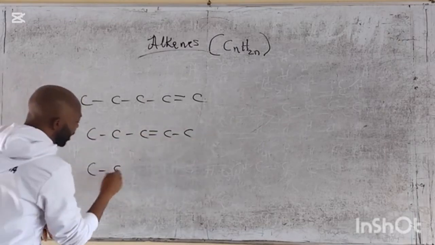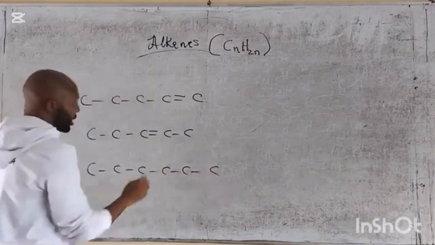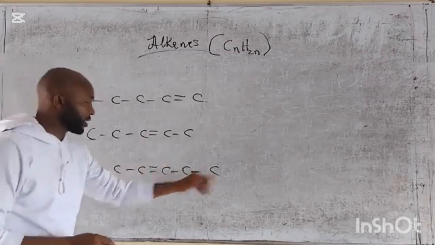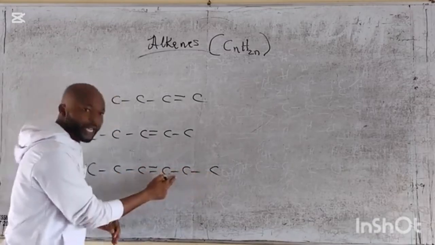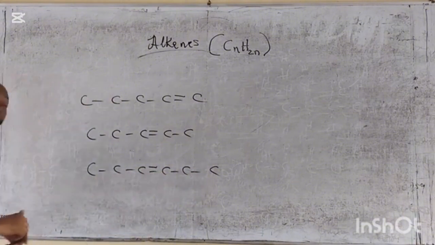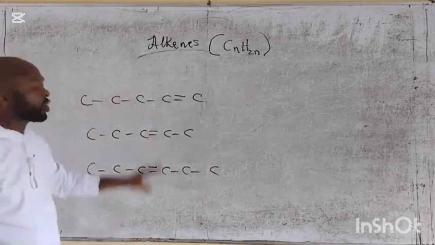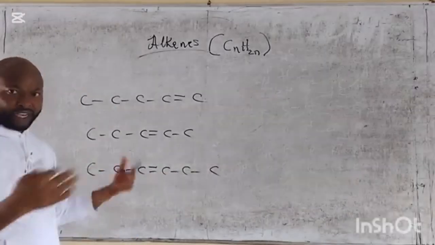If I have 1, 2, 3, 4, 5, 6, for example, and I put it in the middle, this becomes 3-hexene. It can be here, which is 1-hexene. It can be here, 2-hexene. It can be here, 3-hexene. So that is positional isomerism, which is based on the position of the double bond. So you can do that as many times as possible.